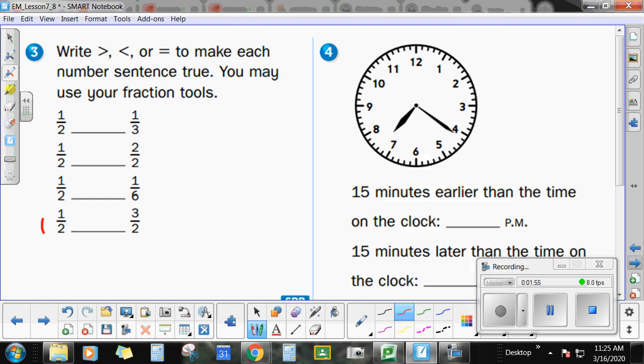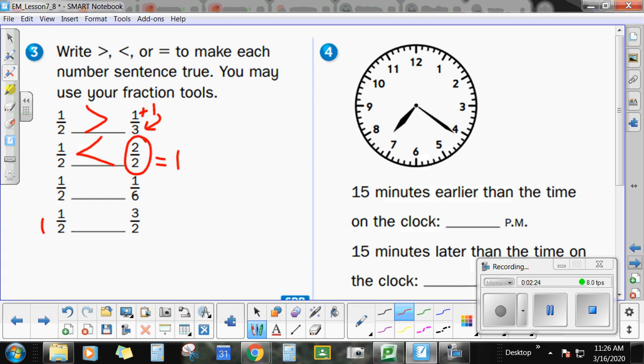Okay, so if I have 1/2, I know that that is greater than 1/3 because 1 plus 1 is 2, which is less than 3, and so 1/3 is less than 1/2. Right, so now comparing 1/2 to 2/2. Well, check this out. When the numerator and denominator are the same, we know that equals 1 whole. So, of course, 1/2 is going to be less than 2/2.